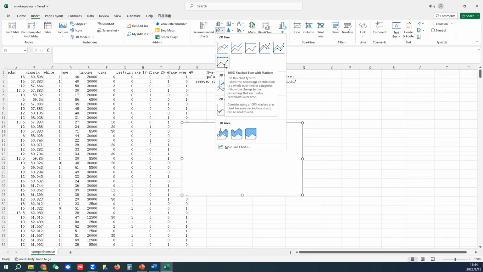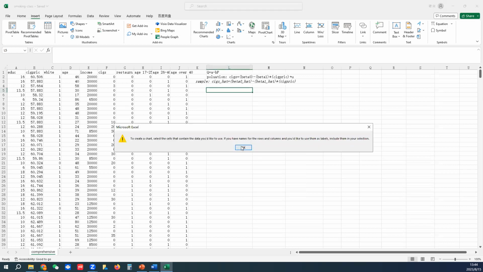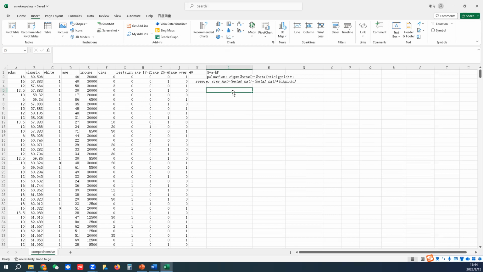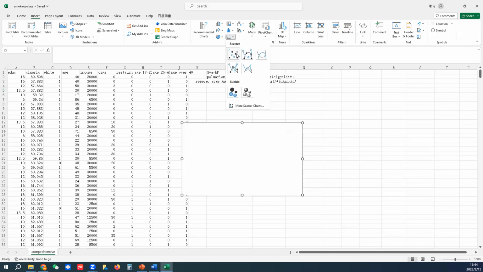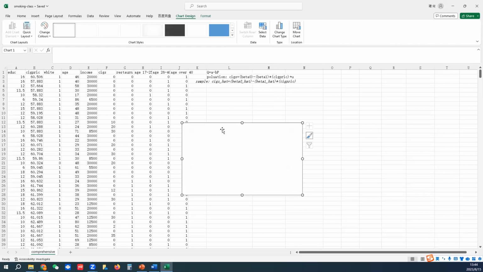And what we need is to select the top left option of scatter chart, which is this. Okay, so this is the scatter chart.